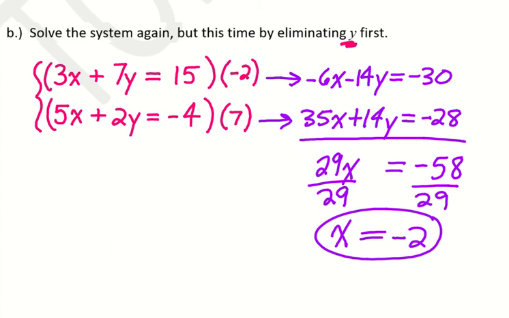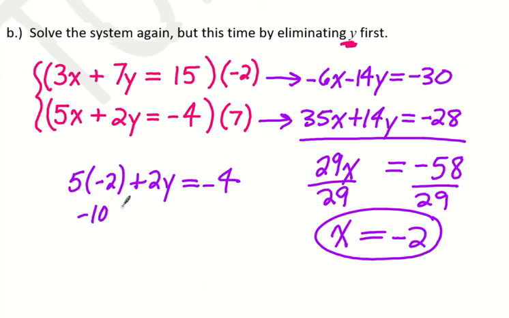And now the only thing left to do is plug this in to figure out y. I'm going to pick this equation. I think it might be easier. We'll see. But it doesn't matter. 5x. We now know that x is negative 2. Plug it in. Finish writing that equation. Plus 2y equals negative 4.